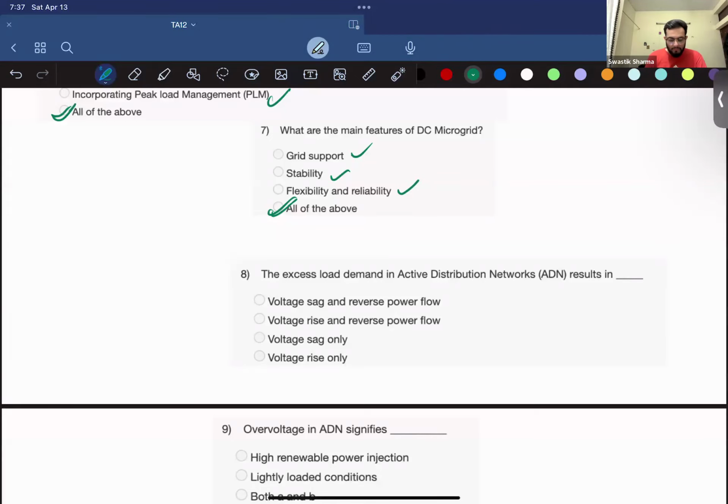So if you have more load demand in ADN, what would happen?